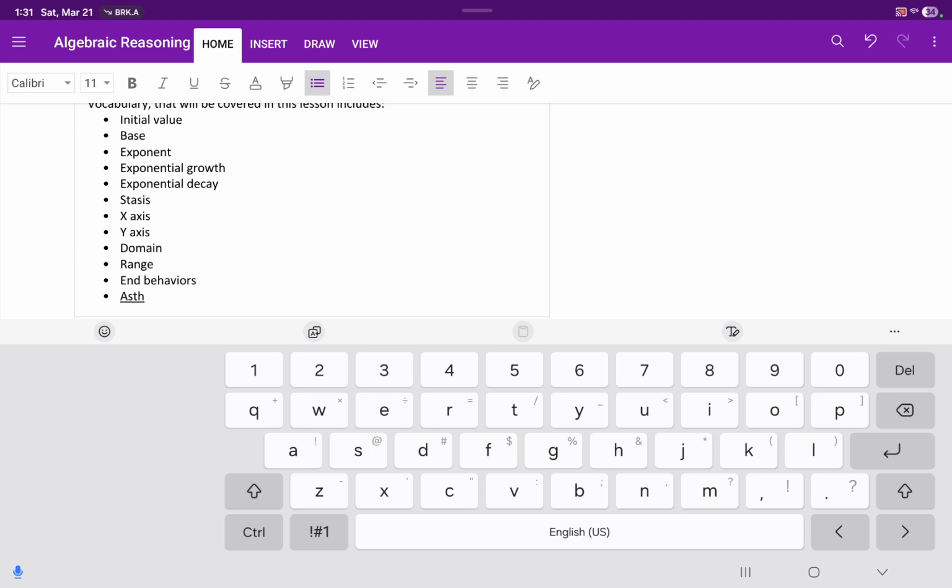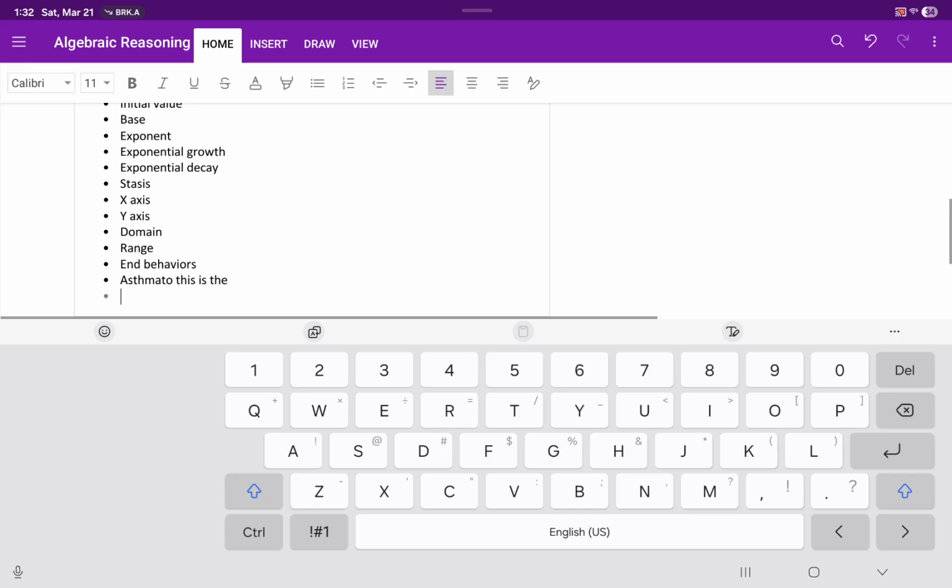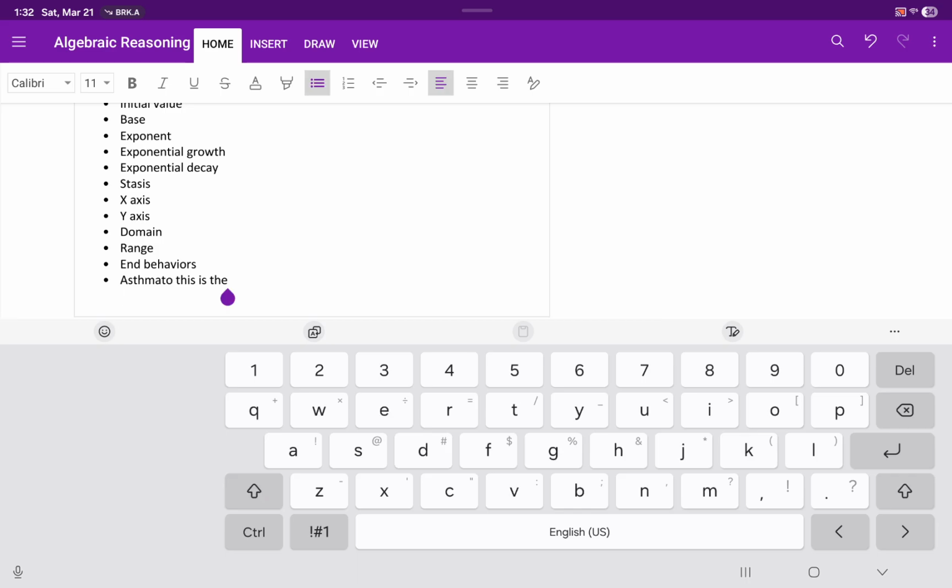asymptote. Okay, I knew I was going to have to spell that one. It's like, why even try? All right, so this is going to be A S Y M P T O T E. Asymptote. There we go.